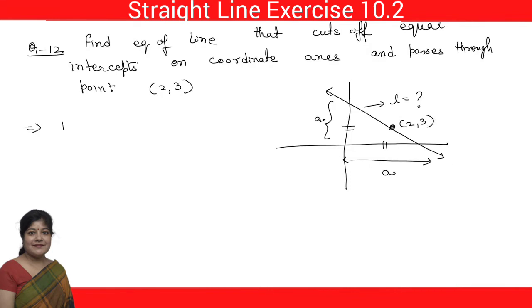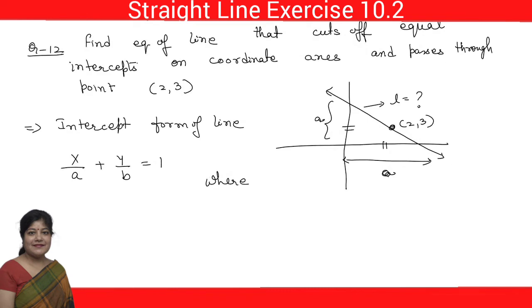Now how can we find it? This is termed the intercept form of a line. For the intercept form of a line, we have the formula x by A plus y by B equals 1, where A and B are intercepts.